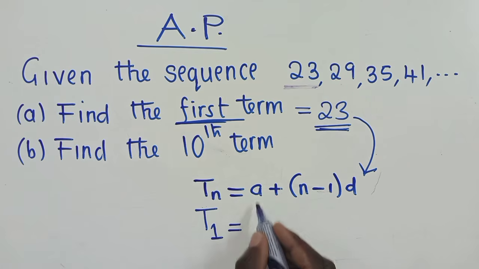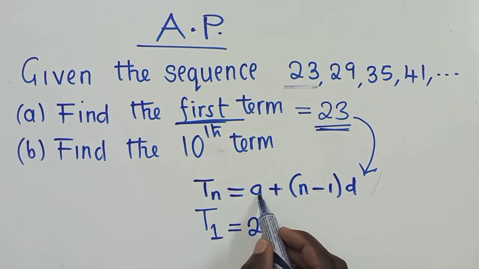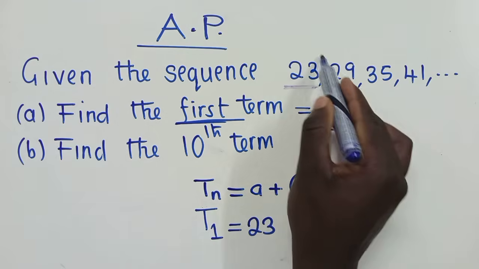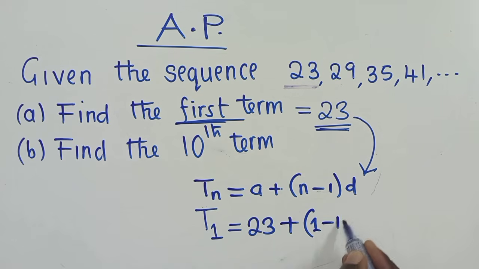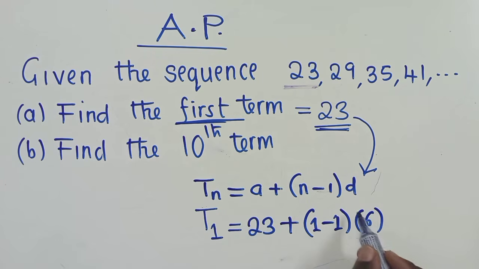So here on A, we're going to put a 23 because we know that A is always the term that is starting, plus the n here, we're going to put a 1 minus a 1, okay? For the D here, we're going to put a 6. This D means the common difference.